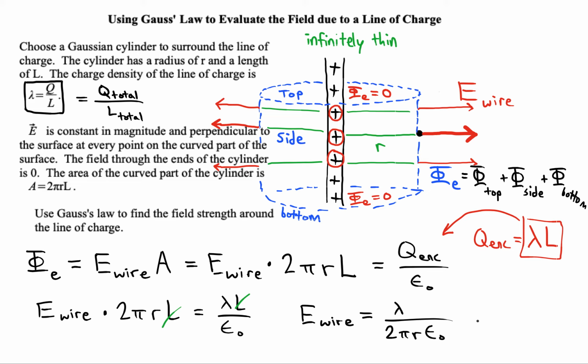Another way to write it, though, will be 2k lambda over r. So determining the field due to a charged wire will require that we know the linear charge density. That's how many coulombs are on a meter, for example, of the wire.